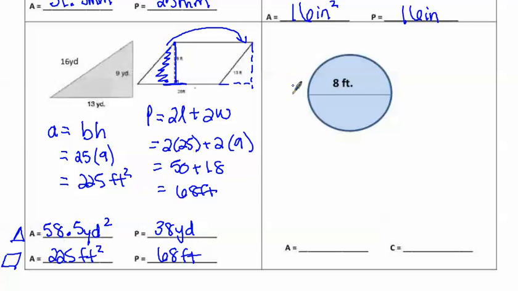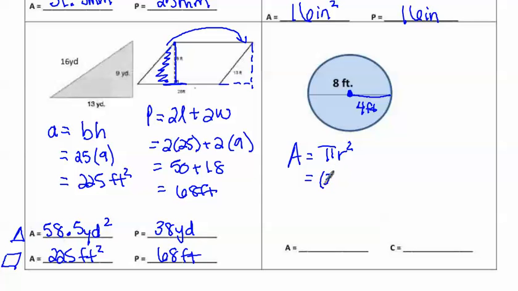Let's take a look at the circle. Now the diameter of this circle is 8, but the radius of this circle, I'm going to divide 8 by 2 to get 4 feet. The area of a circle is pi r squared.